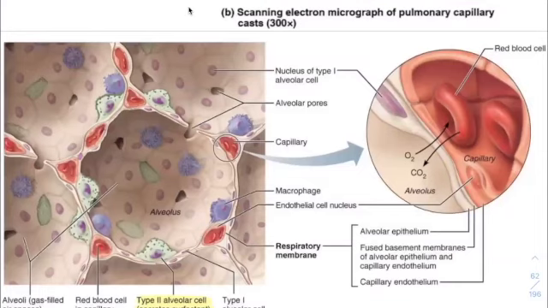We have these alveolar pores, which are these holes that go through. You see most of the type 1 alveolar cells, these are all those flat, simple squamous cells. But then you see all these capillaries. They're technically only supposed to be wide enough for one blood cell at a time. This picture makes them look a little bit bigger, but you can see how everything works together.